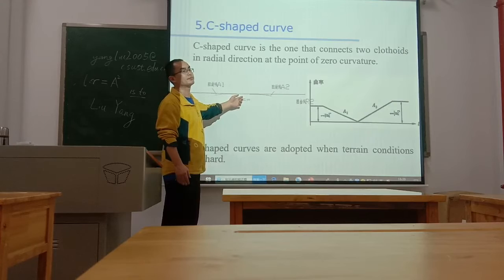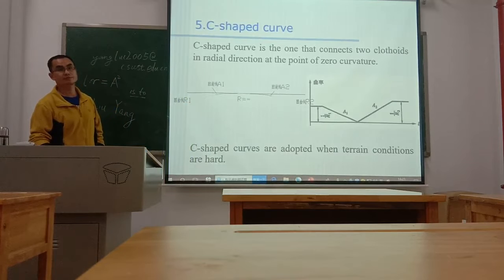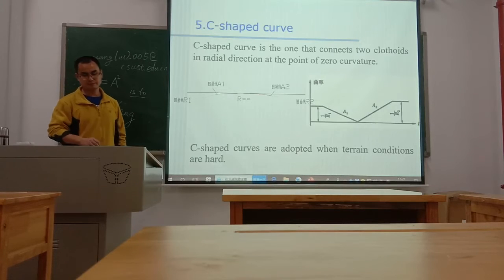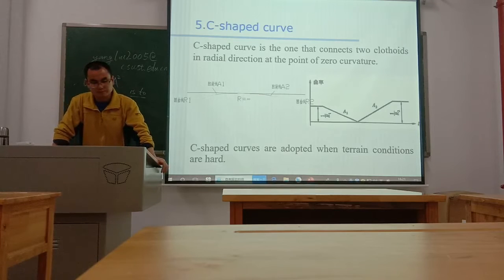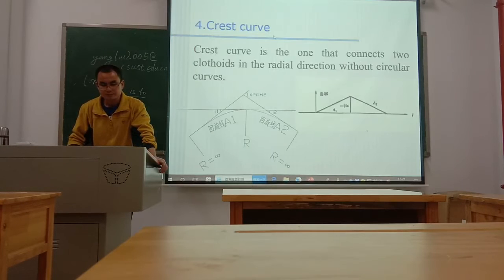No straight line. C-shaped curves are adopted when terrain conditions are hard. Radial direction.